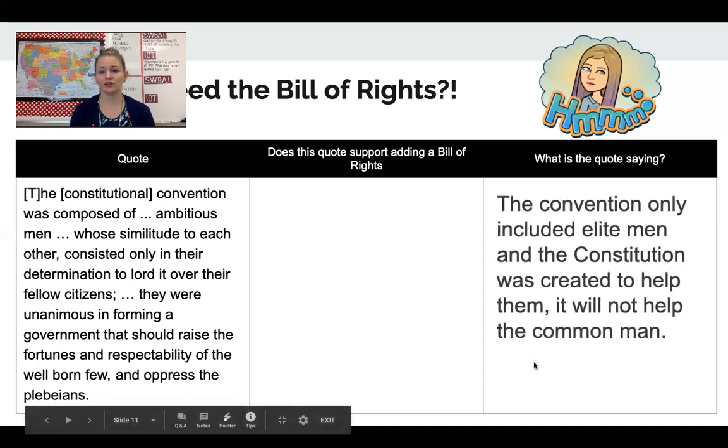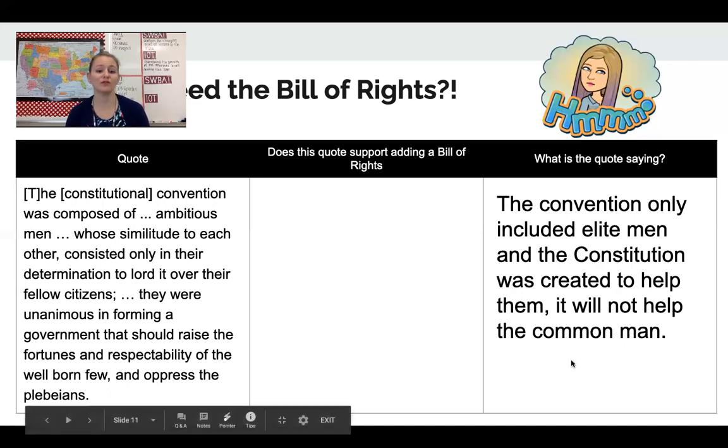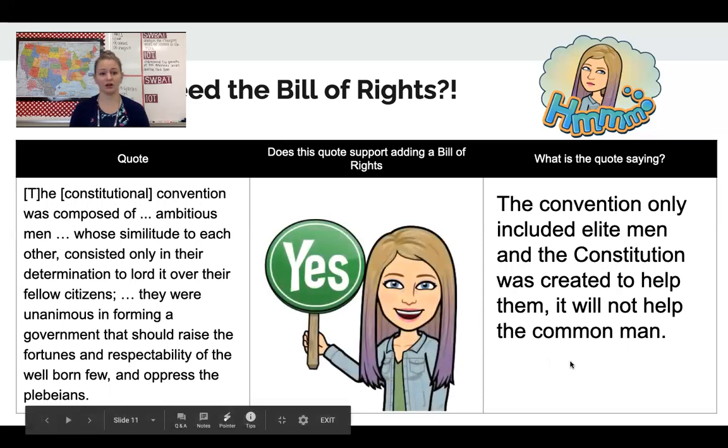So here's what this quote is actually saying. The convention only included elite men, like the cream of the crop were the ones that were there. And the Constitution was ultimately created to help them out, not to help out the common man. As a result of that, they felt that the common man wasn't going to be protected. So this is going to be another argument for adding a Bill of Rights to the Constitution.